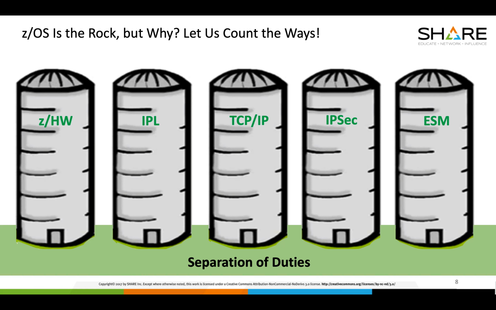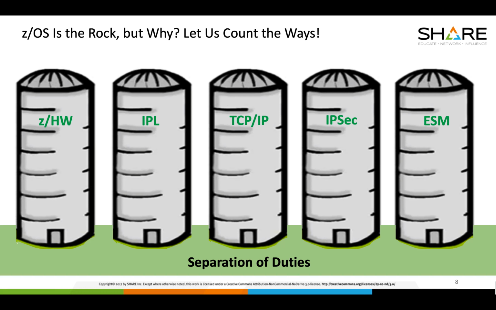A silo where hardware is dealt with, that is, it has its own organization, its own staff, its own goals and objectives, and perhaps those that are responsible in operations for the IPL of the system. Again, own goals, own staff, own responsibility, and on and on. In this case, TCP/IP, IP security, and the external security manager.